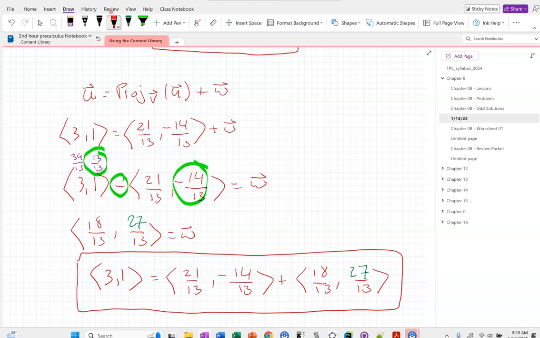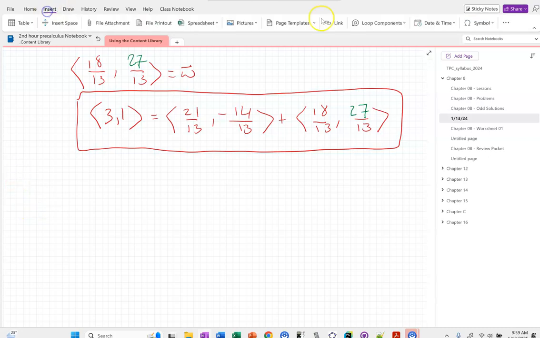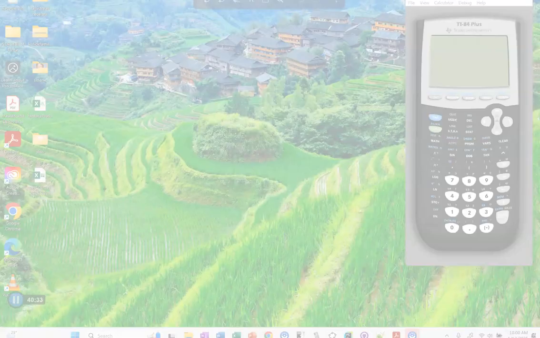So far, so good? Okay. Let's look at some examples of story problems where you can apply this idea of a vector projection.